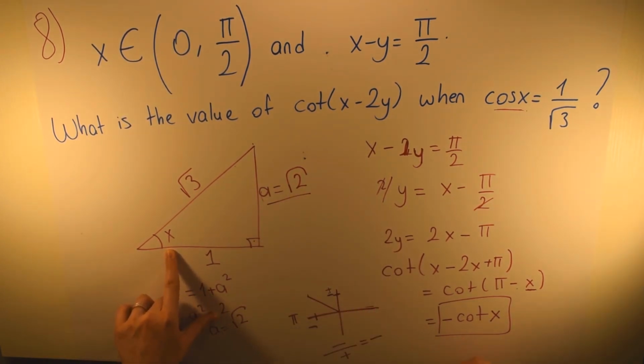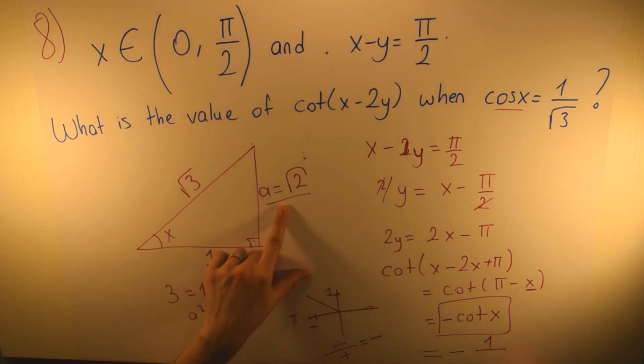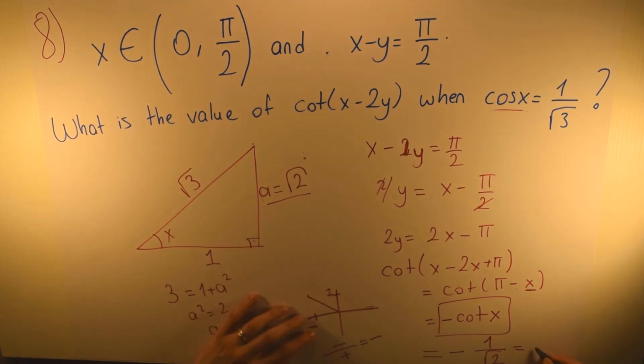Actually, I need to find minus cotangent x, which is equal to minus the adjacent side, 1, over the opposite side, which is equal to square root of 2. Also, this is equal to minus square root of 2 over 2. So this is the answer for our 8th question.